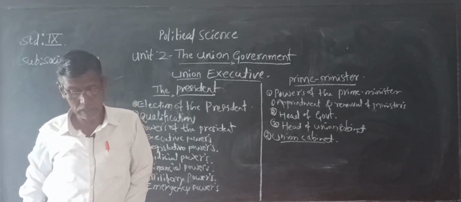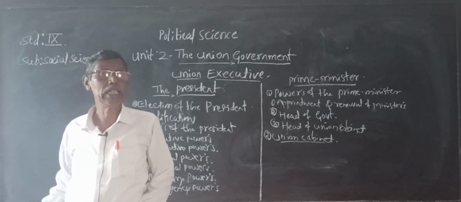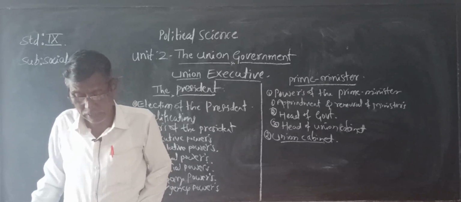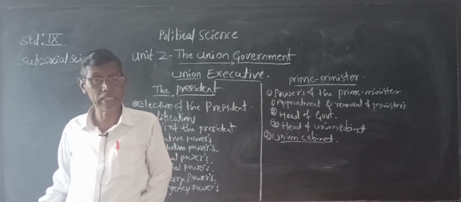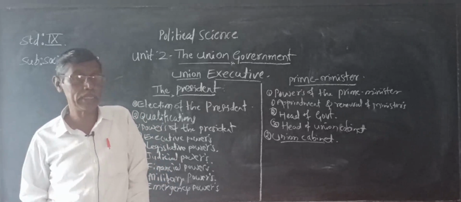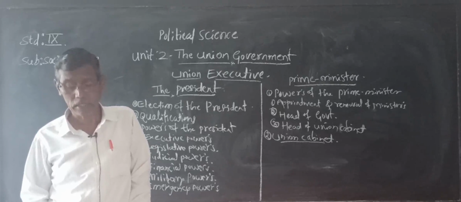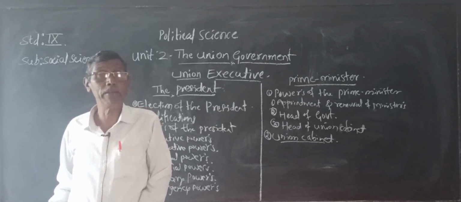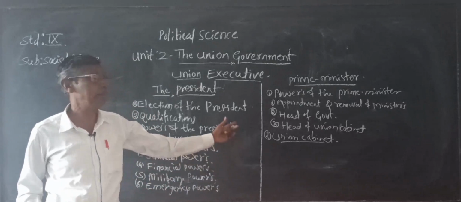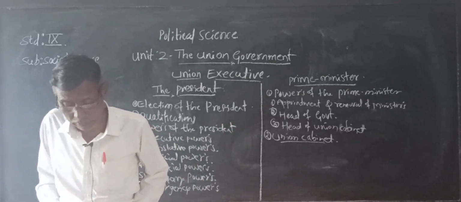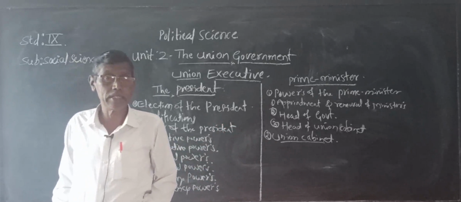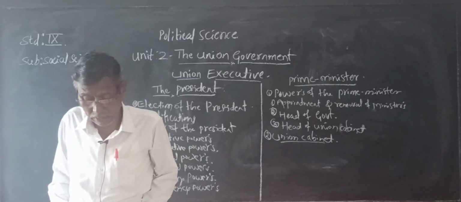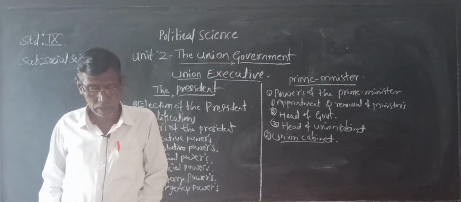Now the Union Cabinet is the real executive. The Union Cabinet and its ministers are in two hierarchies. There are two types of ministers: the first is the cabinet level ministers, and the second is the ministers of state.